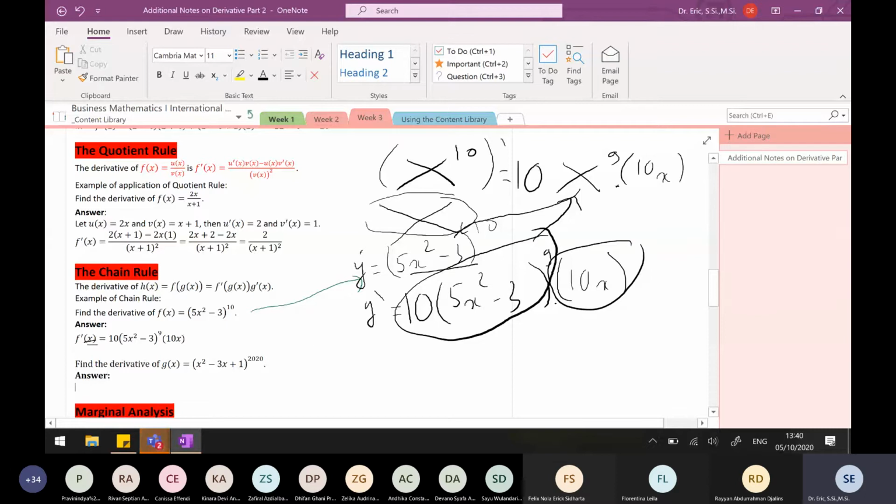Don't forget, you pretend this x squared minus 3x plus 1 as capital X, Raka Fatin. So you have X to the power of 2020. What is the derivative of this?